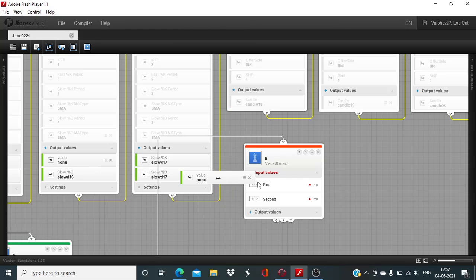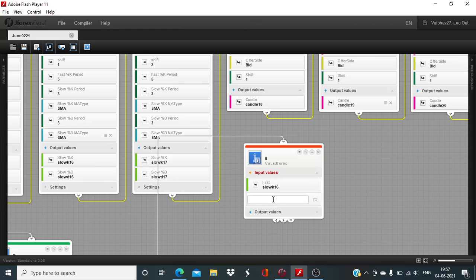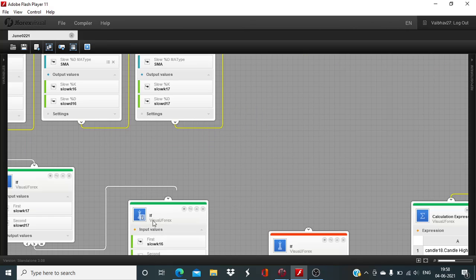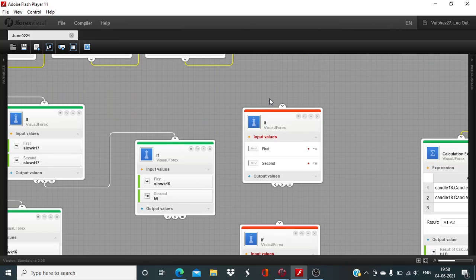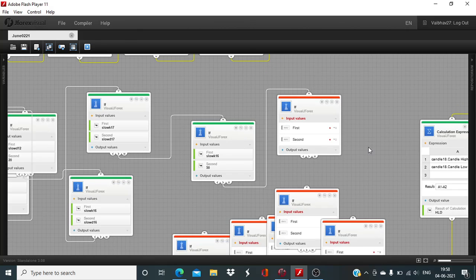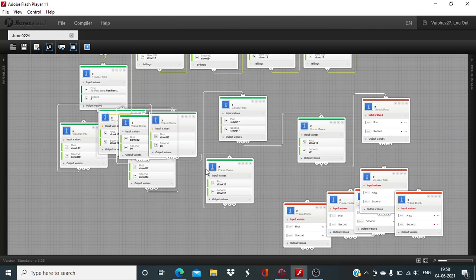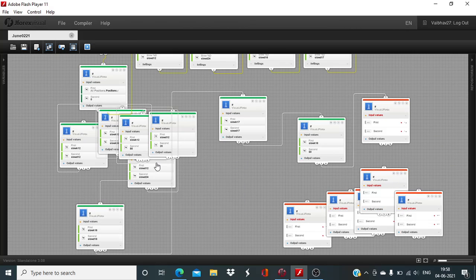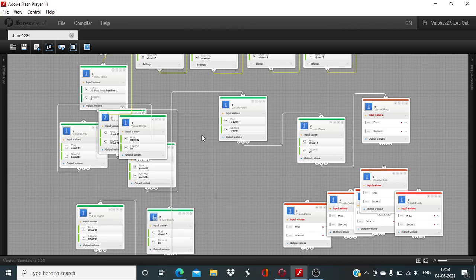So slow K16 will need to be above 50. Okay. First input greater than second input. So we have defined these conditions.